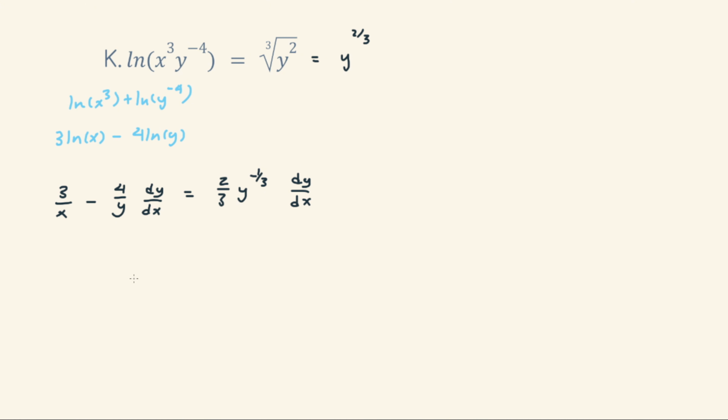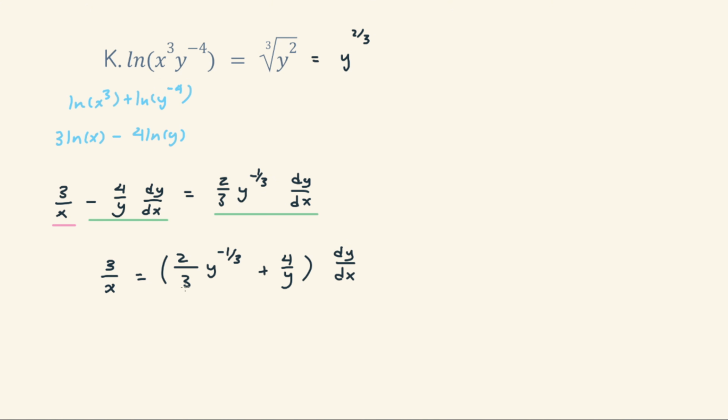Okay, so let's just take these two terms and group them together, right? These dy over dx terms. And since there's only one term without dy over dx, I think I'll just leave this guy on the left. So you've got 3 over x, and that's going to be equal to 2 over 3 y to the minus 1 over 3. We'll bring this guy over, plus 4 over y, and then we'll factor out the dy over dx.